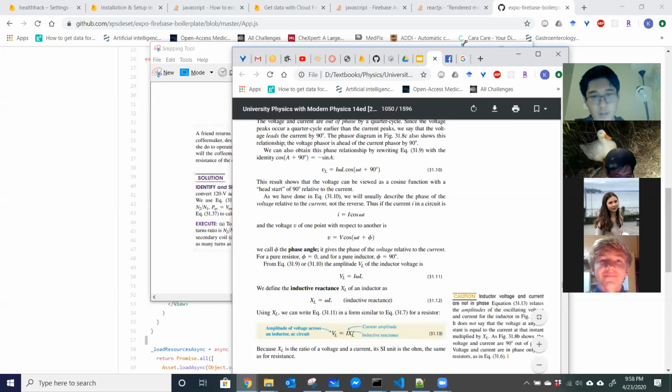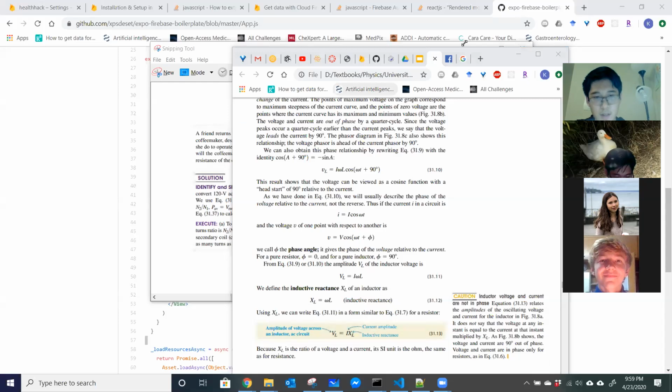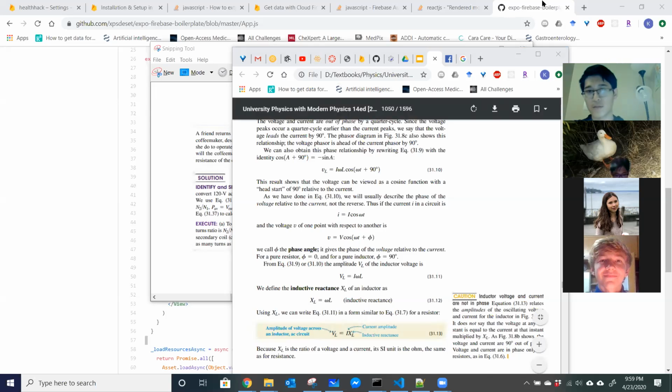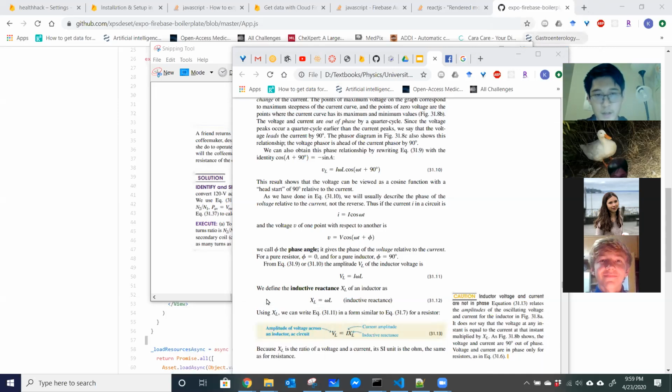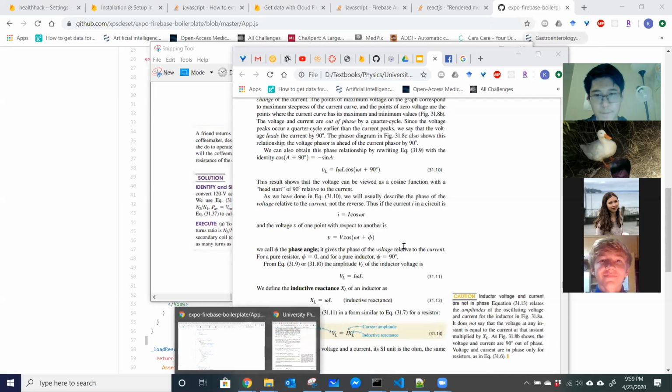So it should be the inductor voltage, you can say it as I times omega times L times cosine, okay? And that's equivalent to V times cosine. So it should be V times cosine, Donovan. But I think you meant to write I times omega times L times cosine, right?